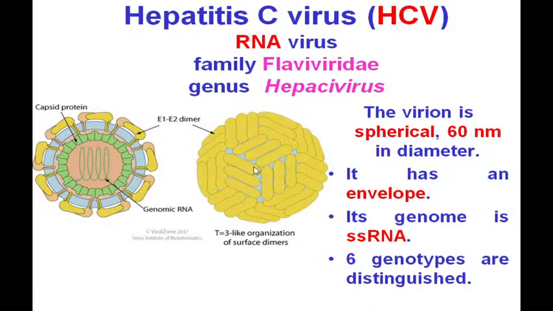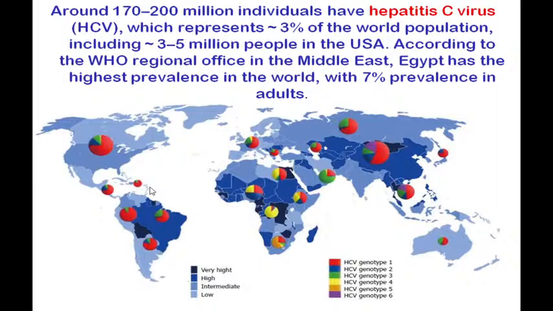The virion is spherical, of medium size, 60 nanometers, and inside it has a single-stranded positive sense RNA genome. According to this structure, we may distinguish 6 genotypes. Here we have an icosahedral capsid made up of capsid protein. The blue one is the lipid bilayer covered with the E1 and E2 glycoproteins. You see, it's very simple.